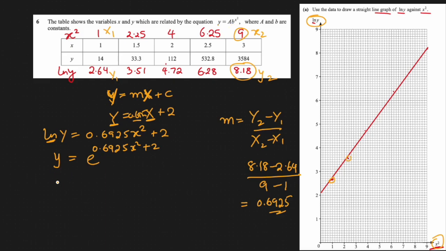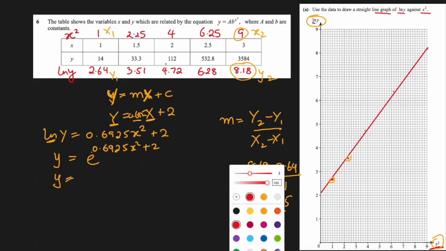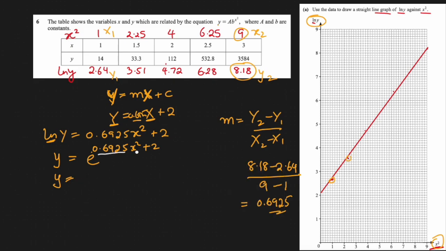So I'll rephrase it. Since these two parts are adding, we can separate them: e to the power 0.6925 x square, multiplied by e to the power 2. Yeah, that's the exponential law. When two bases multiply, their exponents add up, and I'm doing the opposite of that.